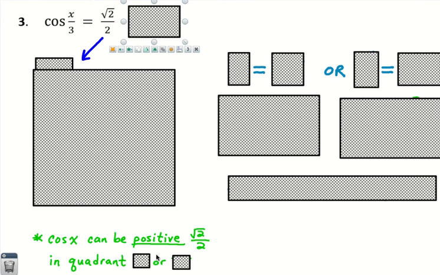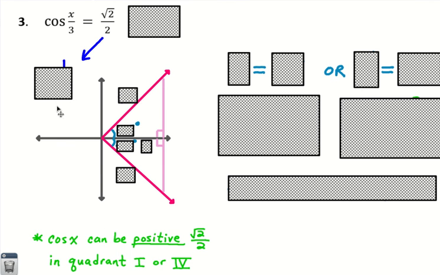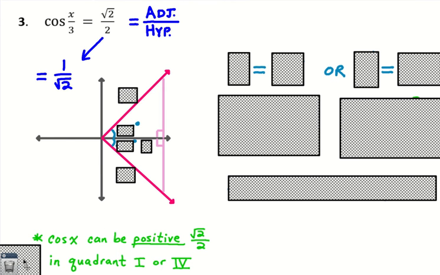So cosine can be positive in quadrants 1 or 4. And now look, drawing the picture might end up being not something you even need to do, right?